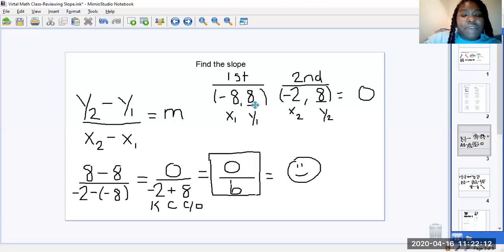I named this 8 y1 because 8 is the y coordinate for the first set. Okay, so does everyone see x1, y1? So whatever you do on this side, you got to do to this one. So -2 would be x2 because -2 is my x coordinate of the second set.